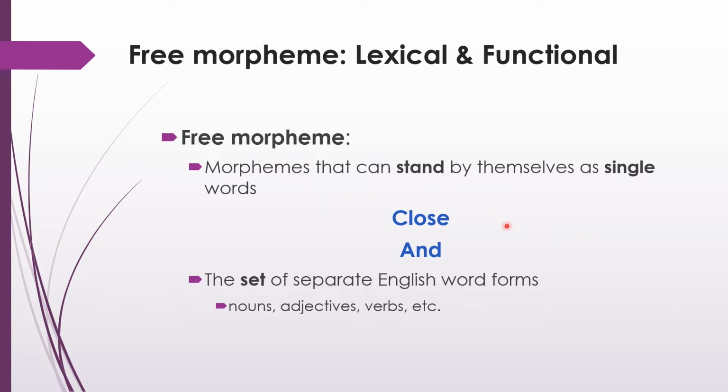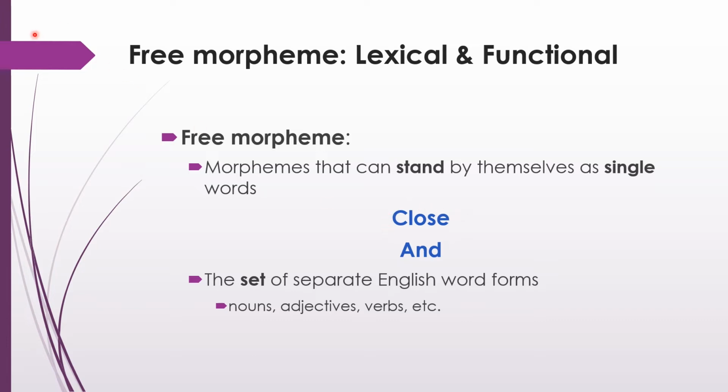Look at these particular words. In other words, these are basic morphological units, and they don't need another morphological unit to help give a particular meaning or grammatical function. It can say it by itself.